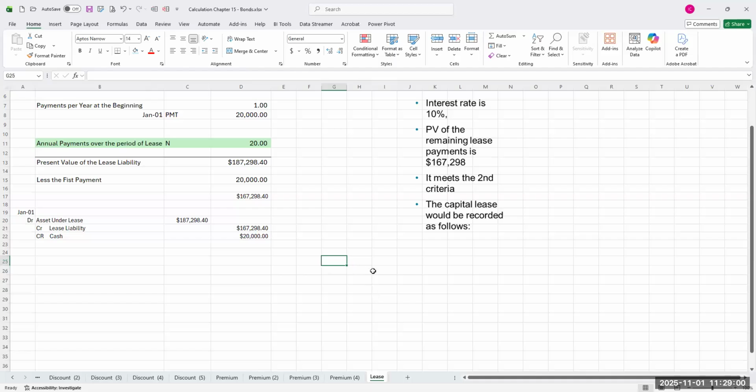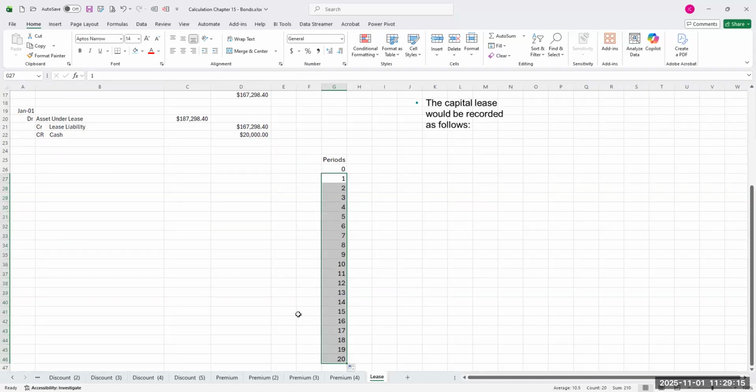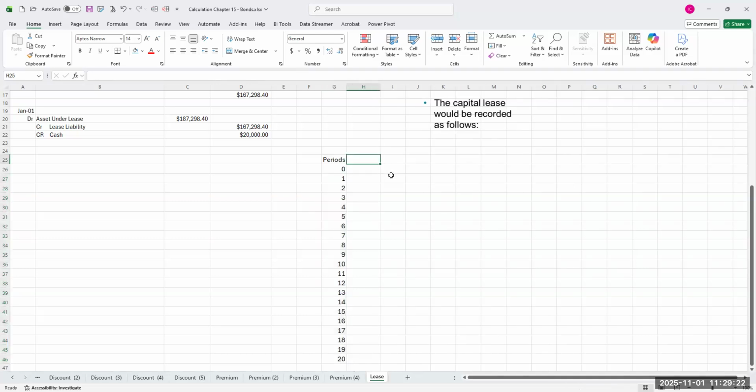So what we're going to have? We're going to have the periods, starting with period 0, 1, and 2, all the way to period 20. Like here, period 20. During those periods, we're going to have balance.